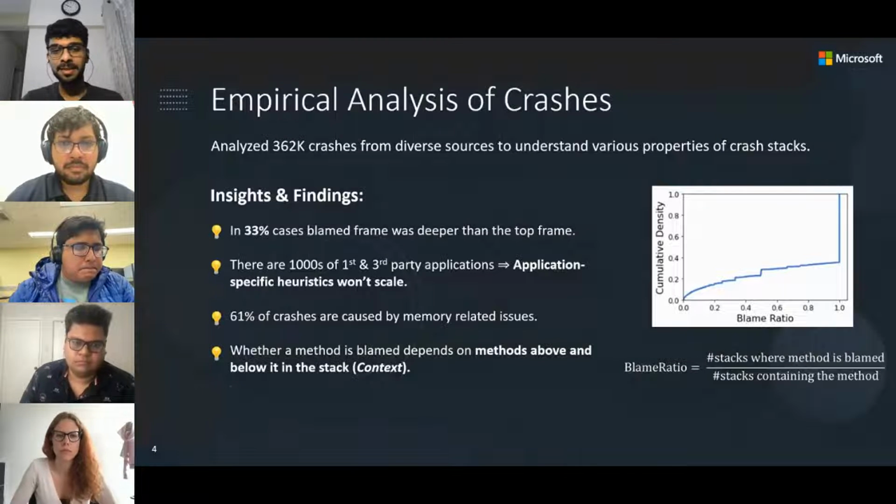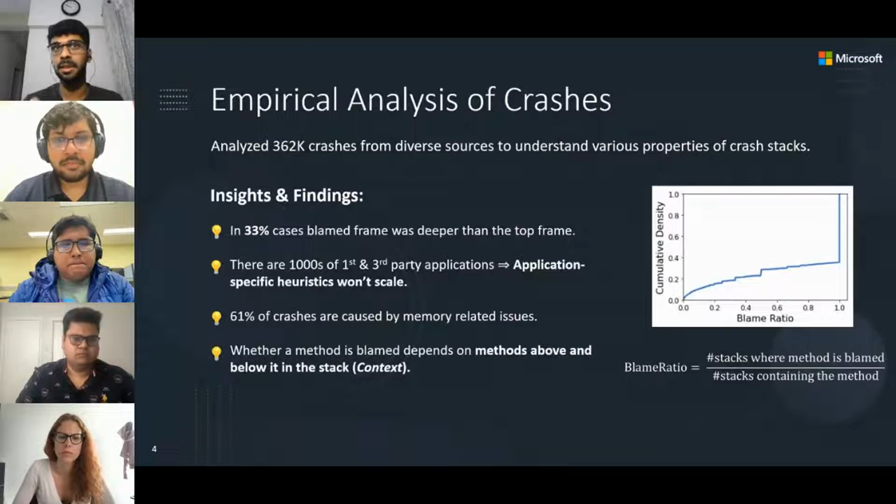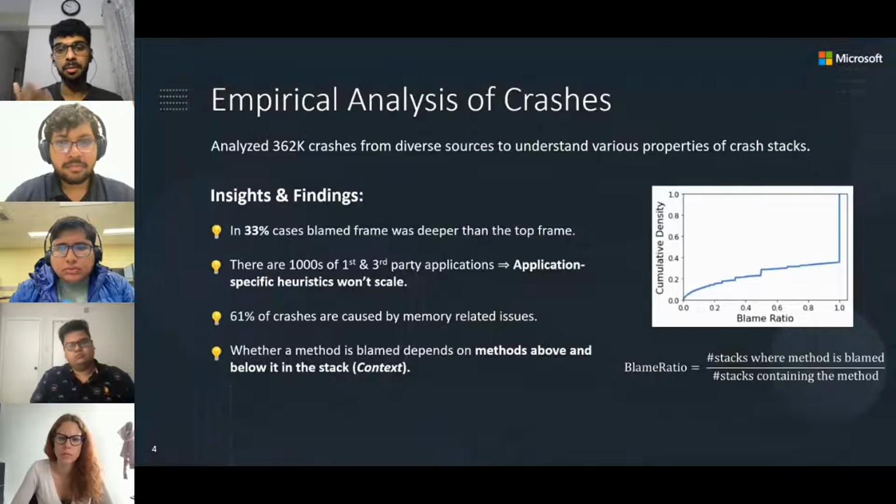But one of the key insights is how frequently a method is blamed in crashes. We do so using a custom metric that we define called blame ratio, which is the number of stacks where a method is blamed divided by the number of stacks containing that method. We find that a significant fraction of methods have a blame ratio less than 1, indicating that a method blamed in one stack need not always be blamed in another.